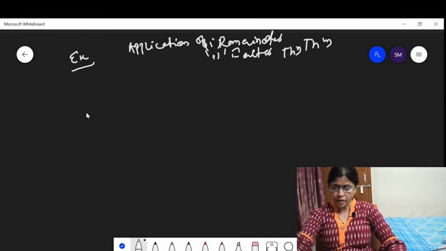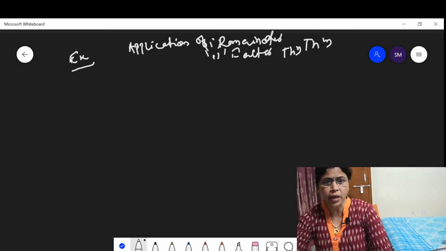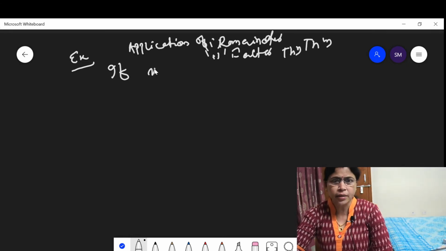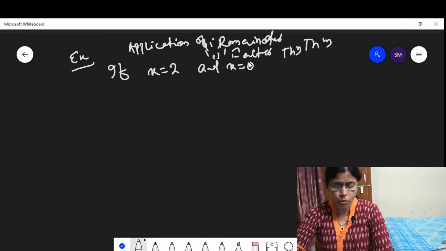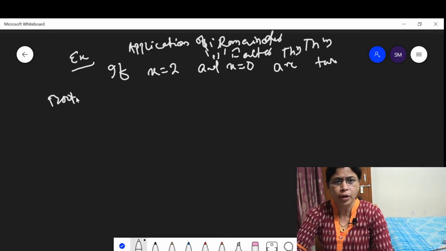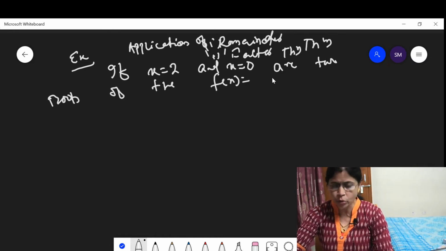Here this is an application of the factor theorem. The question says that if x is equal to 2 and x is equal to 0 are two roots of the polynomial f(x), which is equal to 2x cube minus 5x square.